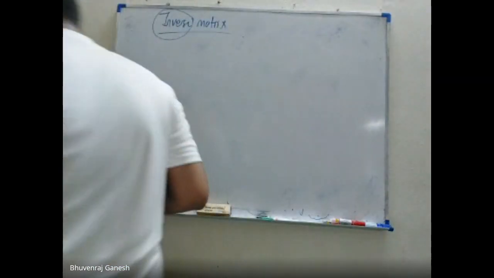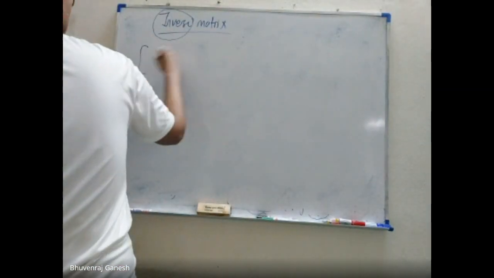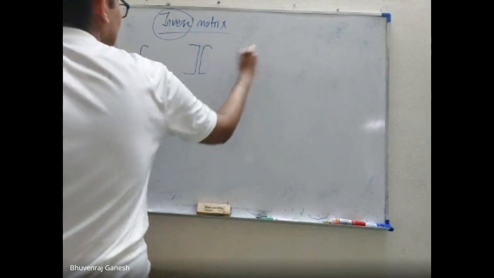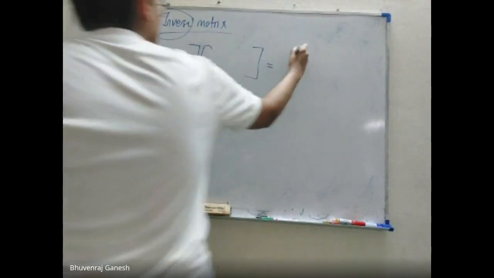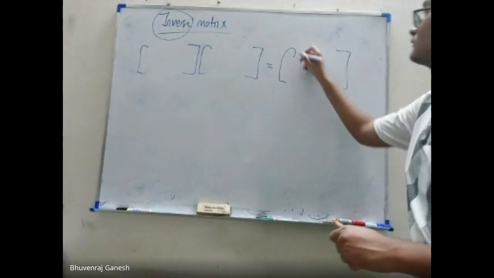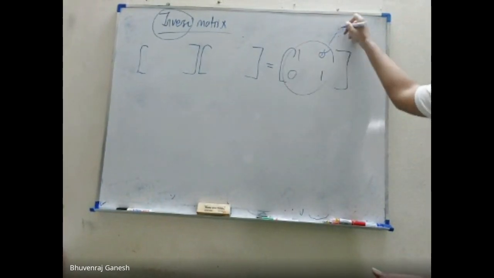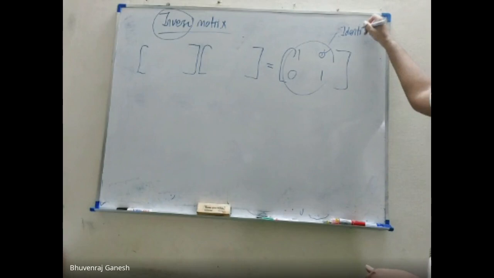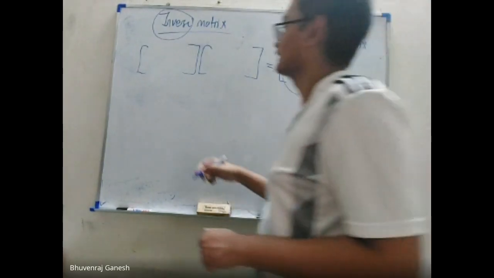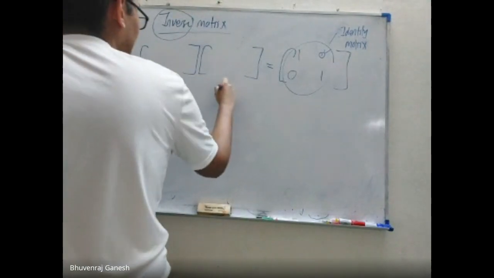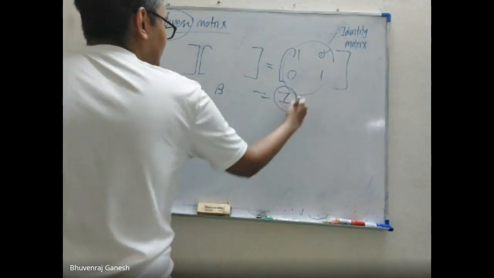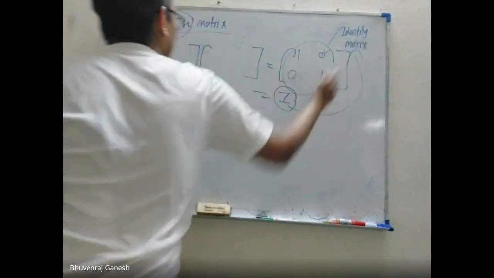So let's say I give you two matrices like this, and it equals this kind of matrix. This one we call the identity matrix. What I mean by inverse is, let's say this is A, this is B, and their multiplication is equal to I, which is the identity matrix on top here.